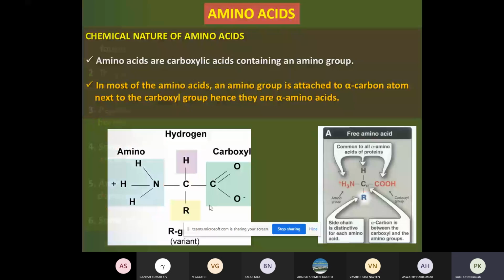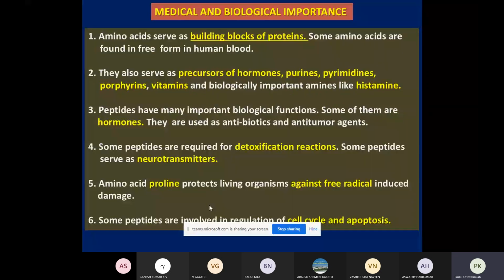Coming to the medical and biological importance, amino acids are first the building blocks of proteins. In addition, amino acids are also precursors for hormones, purines, pyrimidines, porphyrins, vitamins, and biologically important amines like histamine. Some proteins are also hormones, which we will see later.